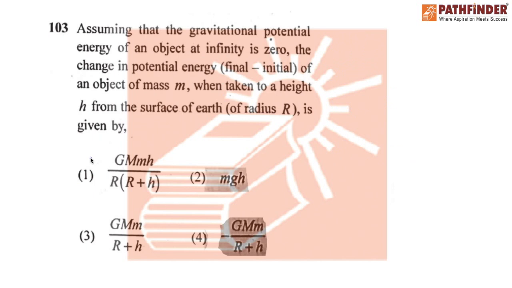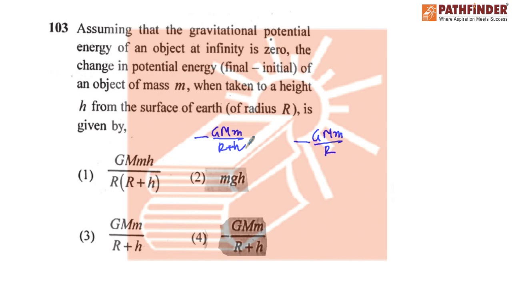Assuming that the gravitational potential energy of an object at infinity is 0, the change in potential energy of an object of mass m when taken to a height h from the surface of earth is given by... So when it was at the surface of earth, the potential energy of the system was minus GMm by R. This was the initial potential energy. And when it is taken to height h, the potential energy becomes minus GMm by R plus h.